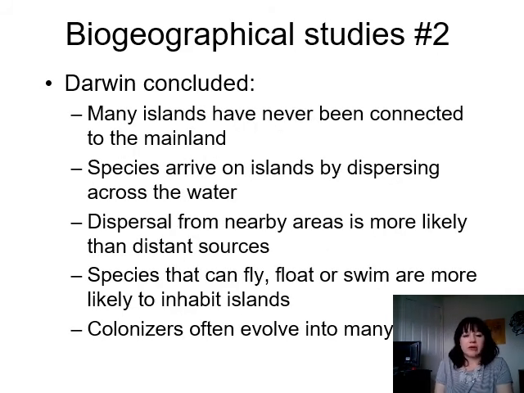So a little more about Darwin's thoughts, right? These islands, they were never connected to the mainland. He's thinking, all right, they arose from volcanoes, and the only way that species could get there was by floating or flying or swimming. And so a lot of this convergent evolution is seen in those types of animals, right?